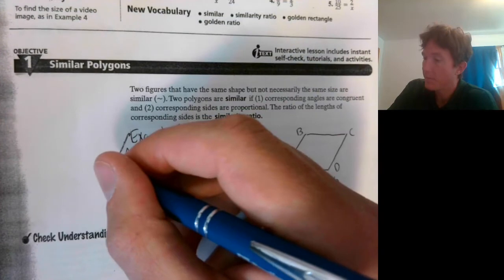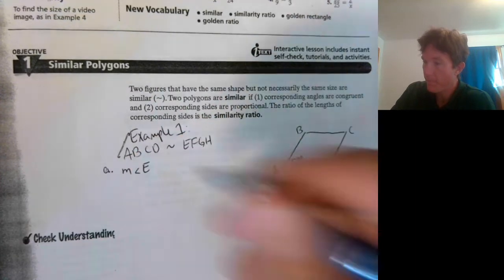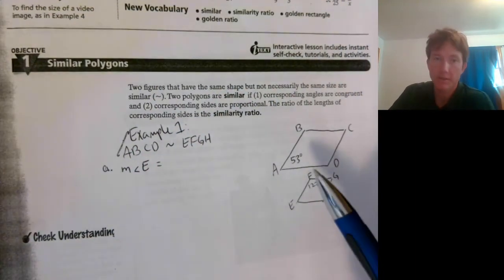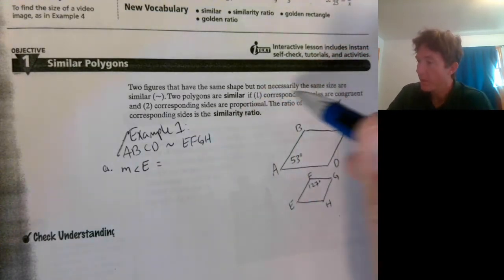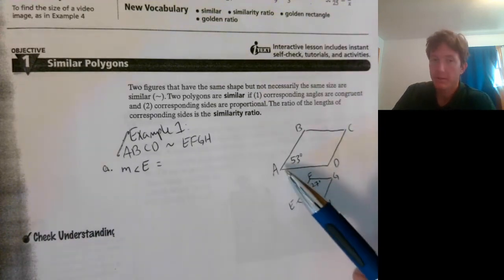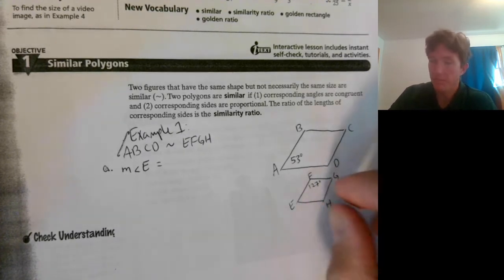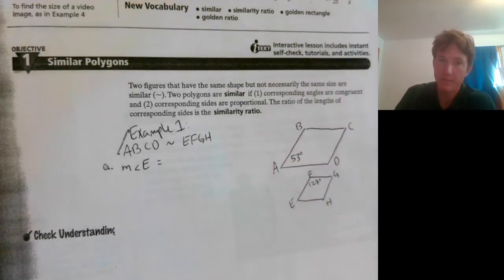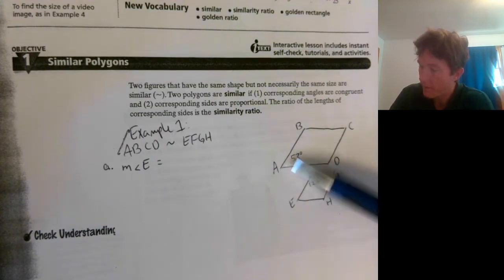So let's look at some things here that we're going to answer. Measure of angle E is equal to what? Okay, so these are similar polygons. That means their corresponding angles are congruent. So E is going to correspond to A, because it is most similar to it. If I took this polygon and laid it inside the other one, these edges would line up perfectly.